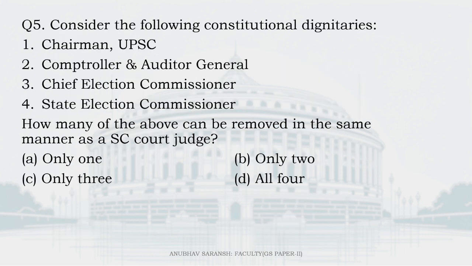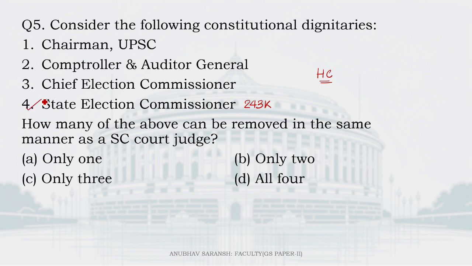And the last question for today. Consider the following constitutional dignitaries: Chairman of UPSC, CAG, CEC, SEC. How many of the above can be removed in the same manner as a Supreme Court judge? State Election Commissioner, Article 243K, he or she is removed in the same manner as a High Court judge, and we know very well the mode of removal of High Court judges and Supreme Court judges is the same.